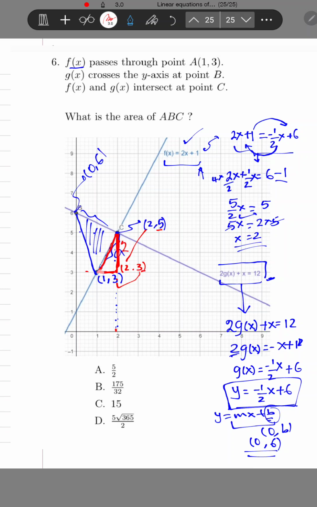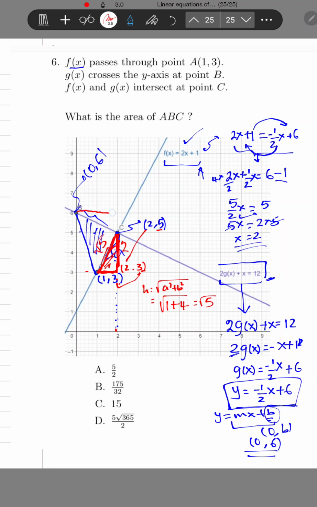Okay. How much is the x value here? The difference of the x value. Y is constant on this side. X is 1 here. Then by Pythagoras theorem, what is the hypotenuse for this triangle? Hypotenuse is equal to the square root of a squared plus b squared, right? Which is the square root of 1 plus 2 squared, which is 4, which is root 5. We have root 5 here.